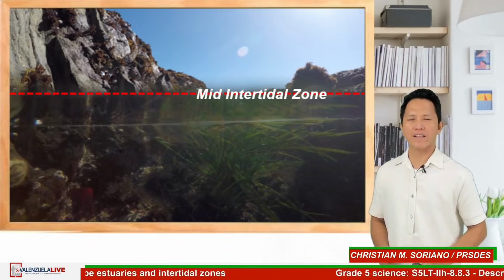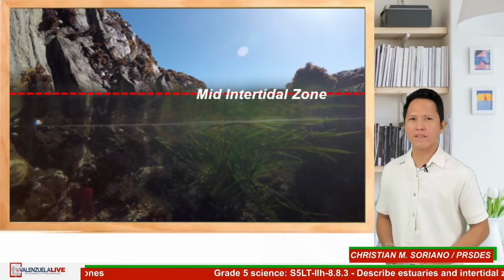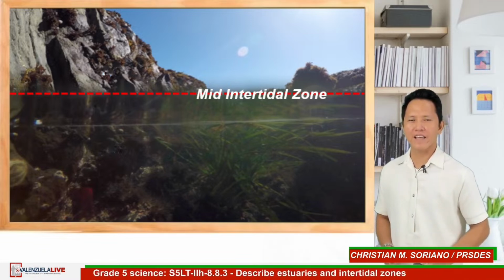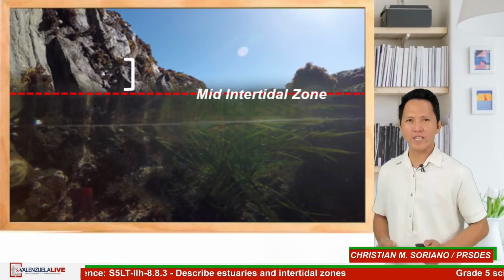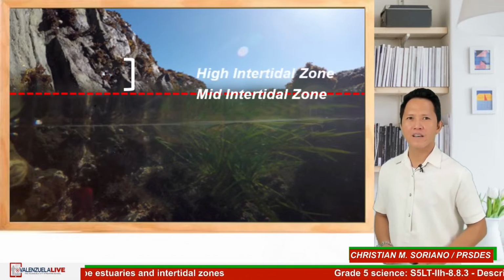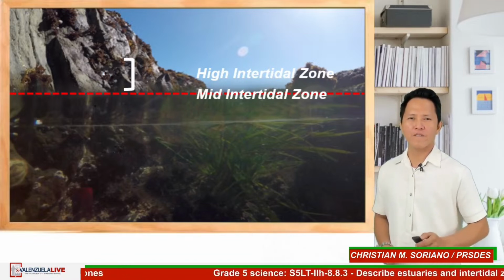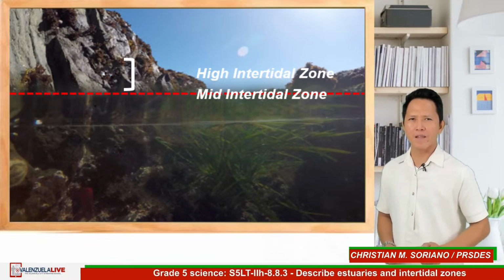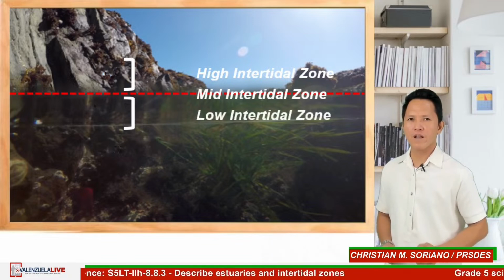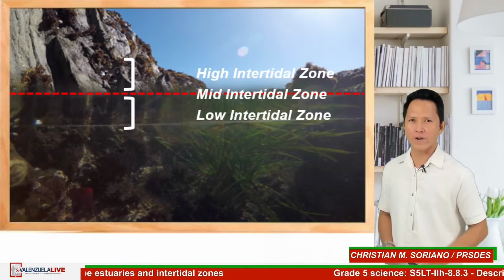So we can expect that this level is the same all year round, but since an intertidal zone experiences high and low tides, we can expect that above the mid-intertidal zone is the high intertidal zone, or the level of high tide. And below the mid-intertidal zone, which we call the low intertidal zone, is the zone where the low tide occurs.